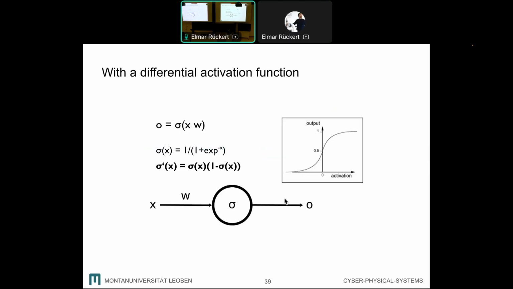Now, what I can do is I can compute the derivative of this transformation function, which is very nice if it's a sigmoid function. So you see it here for this sigmoid function, you see that the derivative is simply the function itself times 1 minus the activation function.